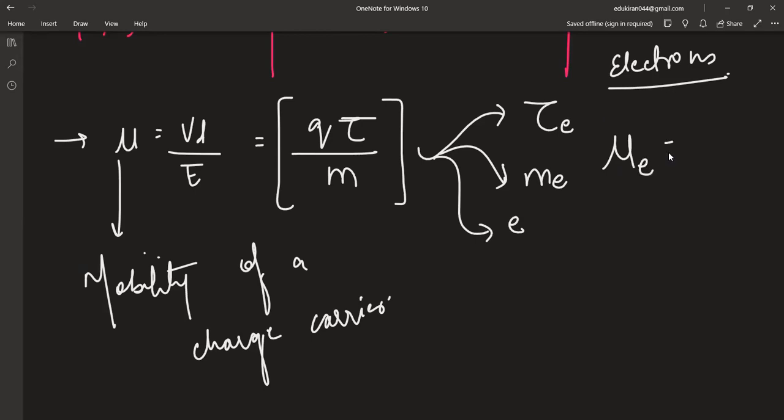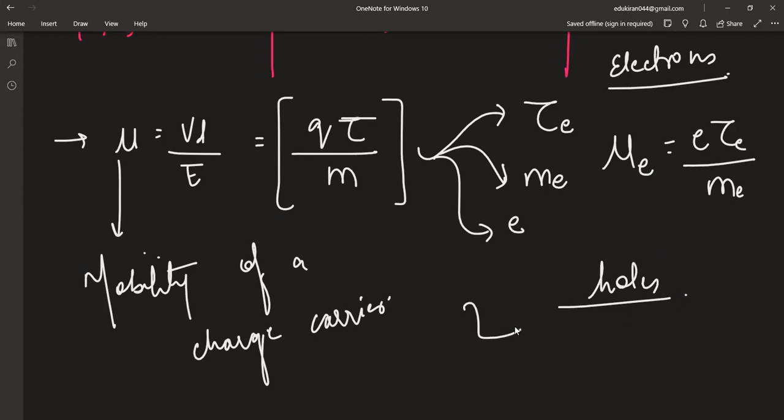Electron. Mobility for electron will become e tau e by m e. And one more thing, holes. So here you have tau h, you have mass of the hole, and you have the electronic charge. Electronic charge will be the same.